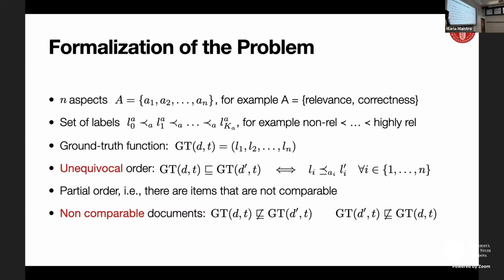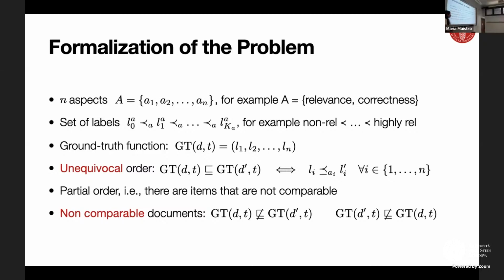So we formalize the problem. Let's say that we have n different aspects, for example, relevance and correctness. For each aspect, we assume that we have a set of labels, and we have an order relation among the labels, the same way you can sort relevance labels from non-relevant to highly relevant.